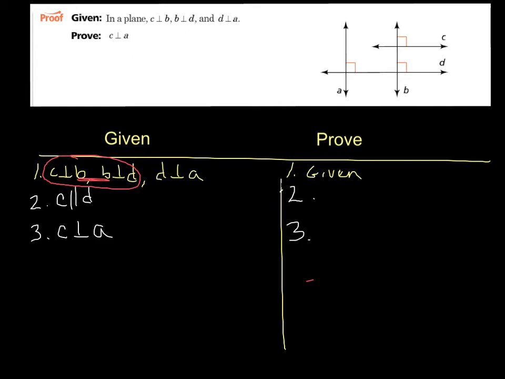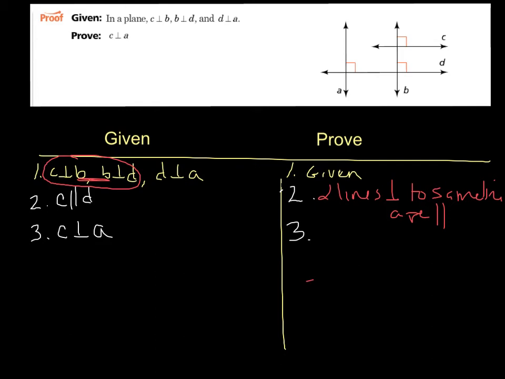So we know that line C is parallel to line D, and our reason is that two lines perpendicular to the same line are going to be parallel. Okay? So two lines perpendicular to the same line are going to be parallel.